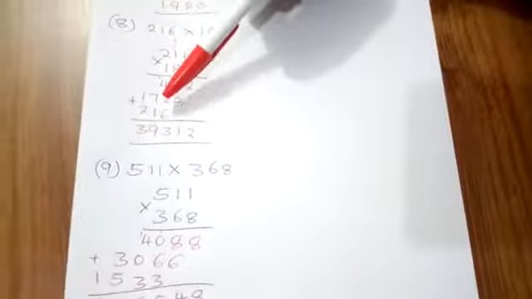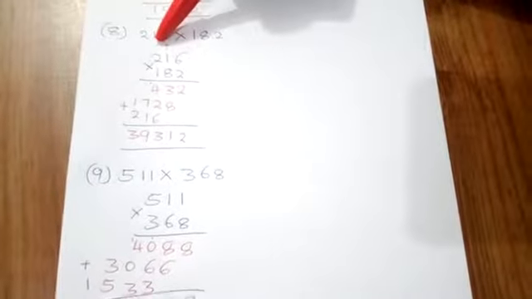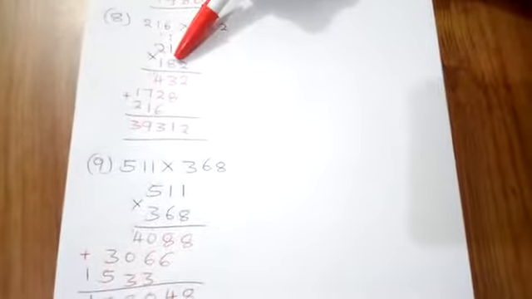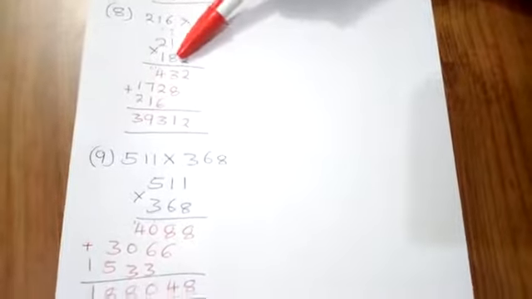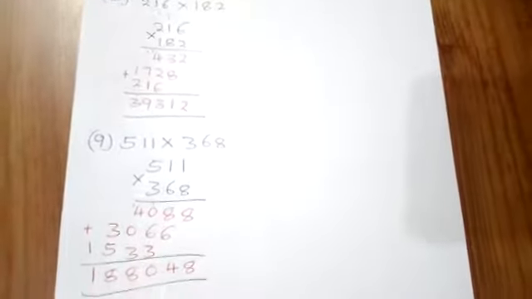So we write 2, we carry 1. Our next group of multiplication is 2 times 8, which is 16. 16 plus 1 that was carried forward will give us 17. That's our step number 2.